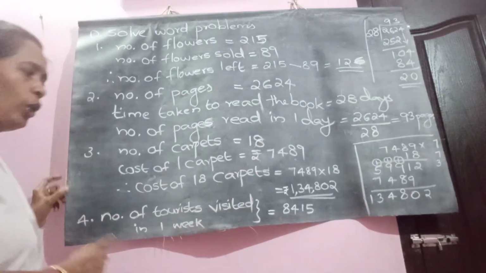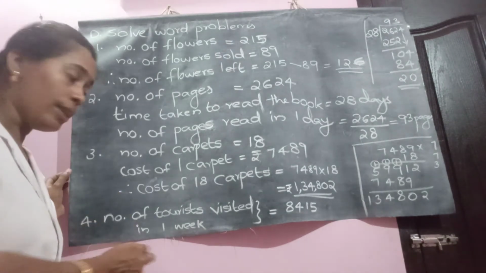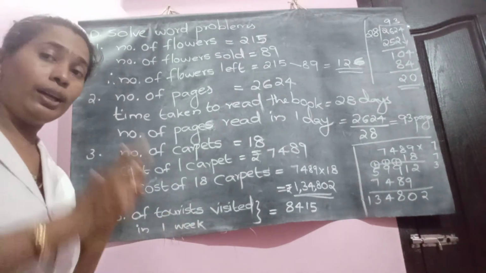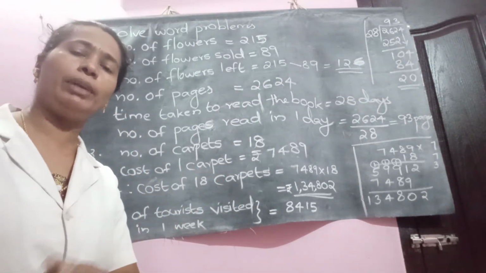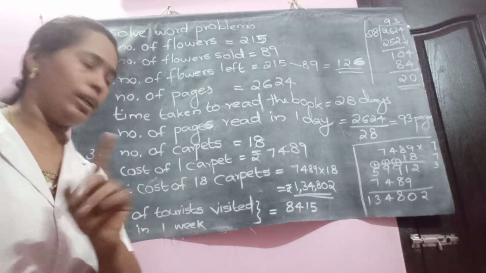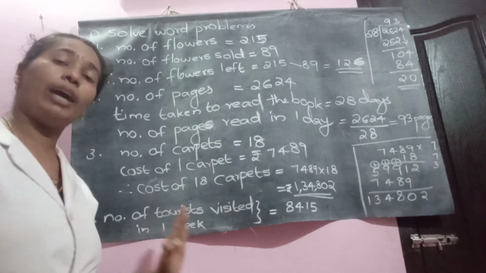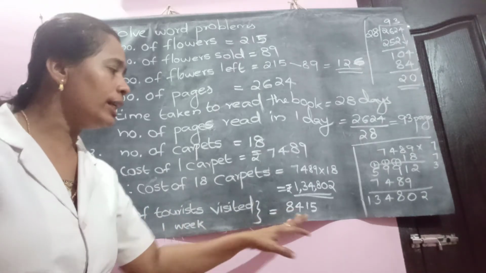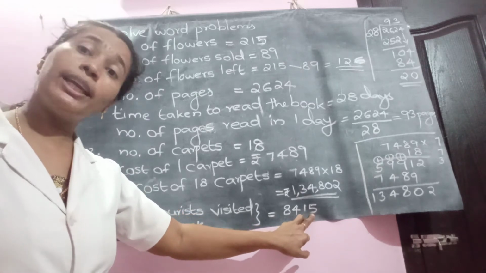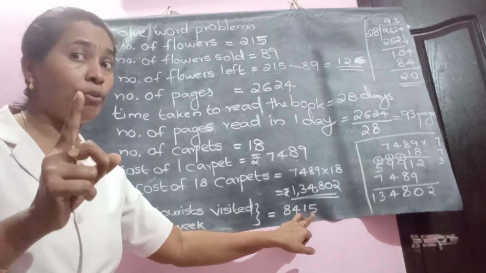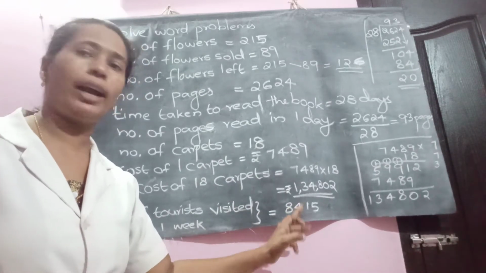Let us move to the fourth question. In the fourth question, the number of tourists who visited a mall in a span of a week, which means in a complete 1 week, is 8,415.